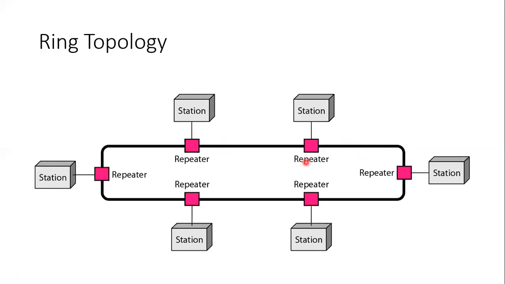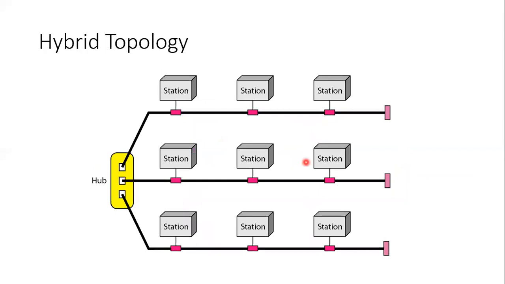Okay, then next, hybrid topology. I already told you a hybrid topology is a combination of any two or more topologies. Here we use the bus topology and the star topology. This is the bus topology, and the bus is connected with a hub so that we can connect more systems.